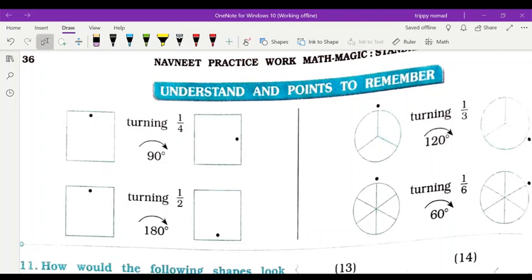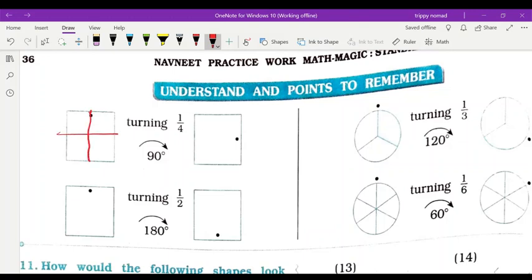Here you see this, they are talking about the turning: half turn, 1/4 turn, 1/3 and 1/6 turn. If you have to turn, children, here 1/4 turn, how will you get it? If we are talking about 1/4 turn, children, first you have to divide the thing into 4 equal parts.